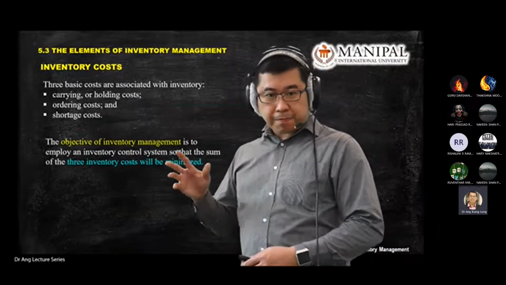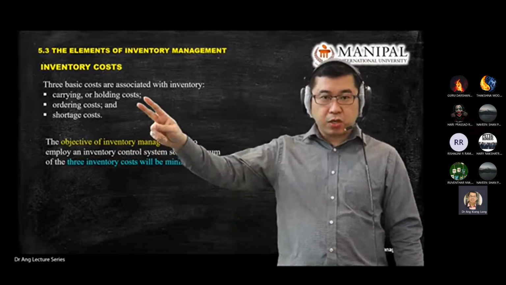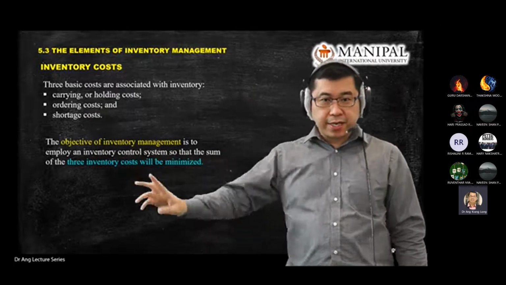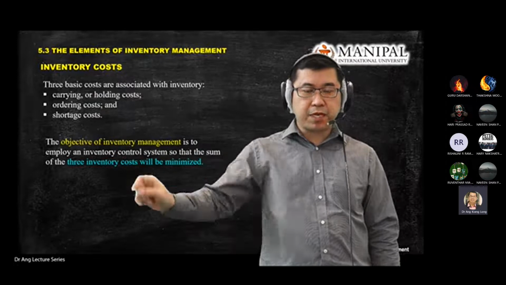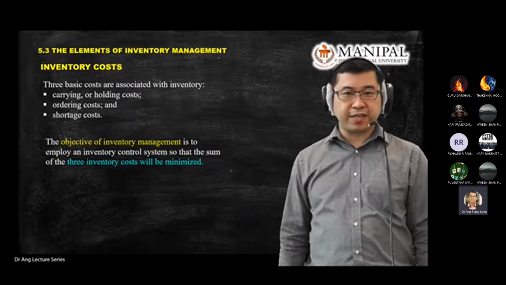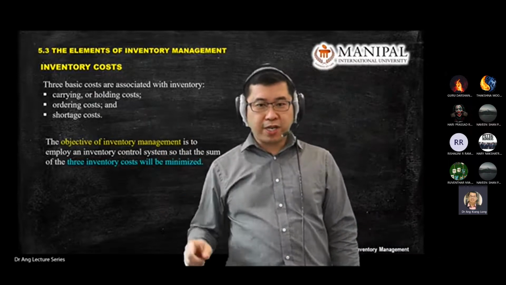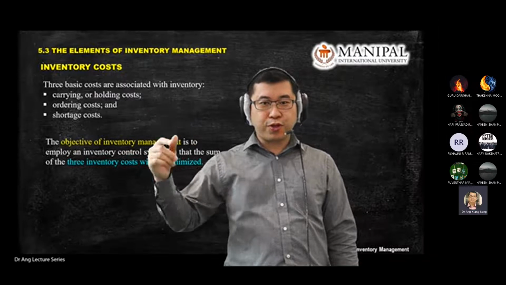Again, when you do inventory management, we try to keep these three things in balance. If possible, this one minimum, this one minimum, this one minimum, because all of this involves money. Buying too much is not good for your wallet. Order cost is also not good for your wallet.